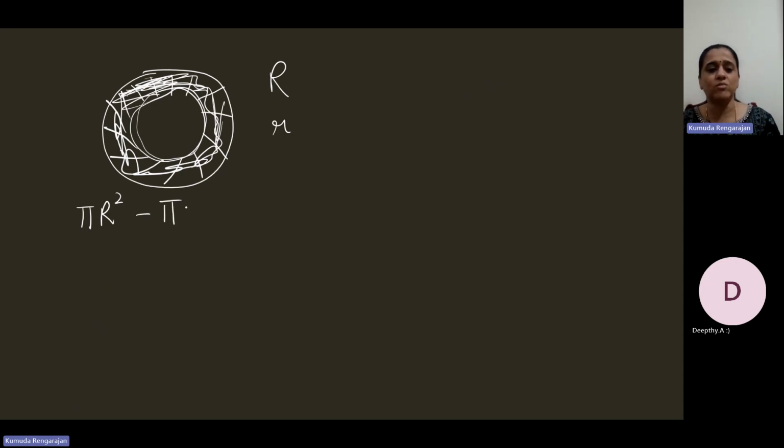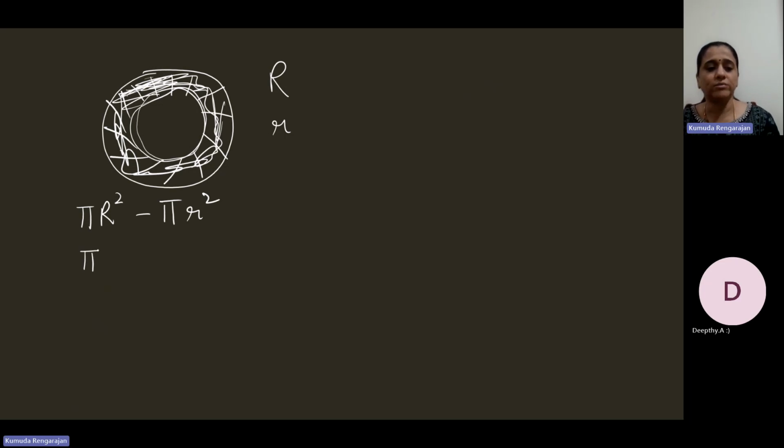So area of this region will be area of the outer circle. Let's take the radius of the outer circle as capital R and inner circle as small r. All right. So the area of this shaded region will be area of the outer circle pi capital R square minus the area of the inner circle pi small r square.